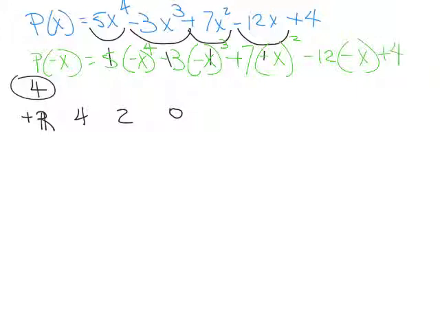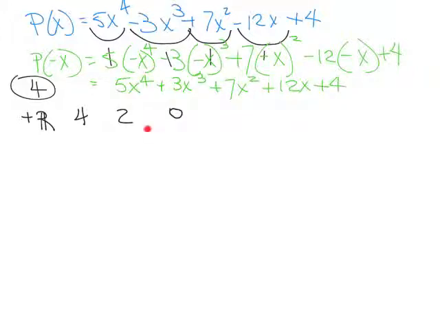Okay, let's go ahead and distribute that negative there, and we get 5x to the 4th plus 3x cubed plus 7x squared plus 12x plus 4.